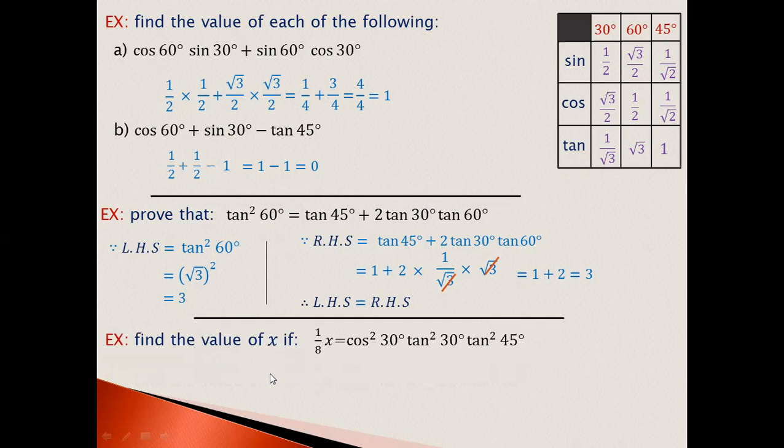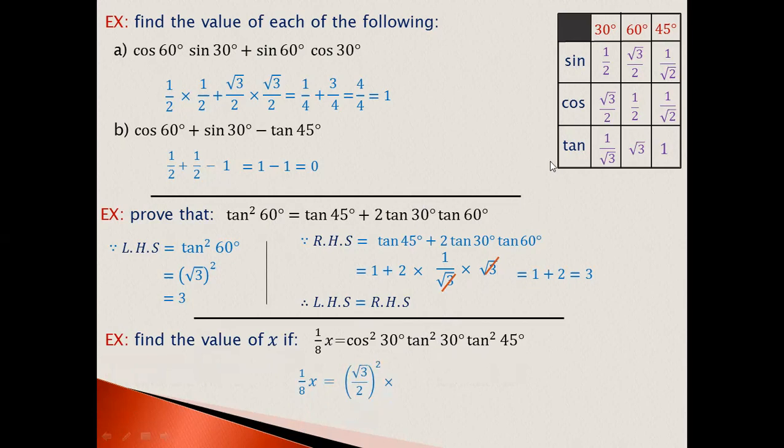Find the value of x if 1 over 8x equals cosine squared 30, tan squared 30, tan squared 45. We know that cosine 30 equals root 3 over 2. That means cosine squared 30 equals root 3 over 2 power 2 times tan squared 30.